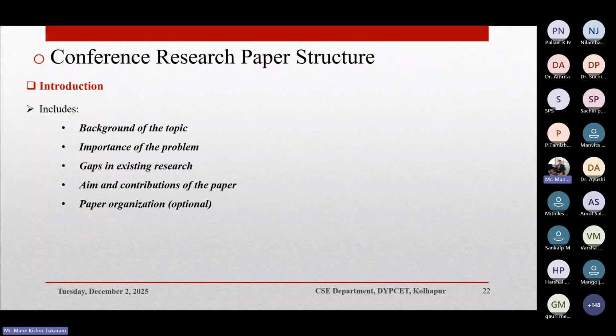So all those 5 contents need to be included under the introduction: the background of the topic, the importance of the topic, the gaps found in the existing research, the aim and contribution of the paper, and the paper organization. All of these are included under the introduction section.